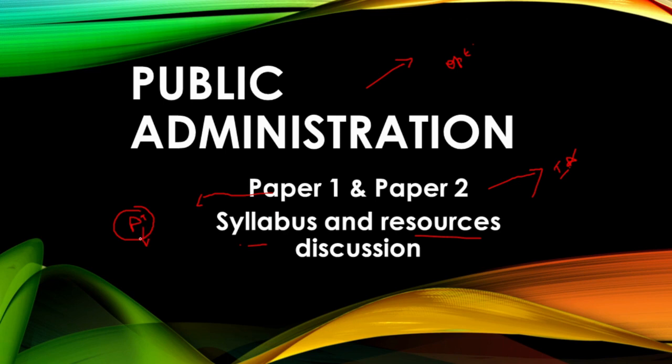Administrative theory means there will be topics related to the evolution of public administration, from when it started, and afterwards which thinkers contributed to public administration. Paper 2 deals specifically with Indian administration, from before independence till date, and what changes occurred in public administration.